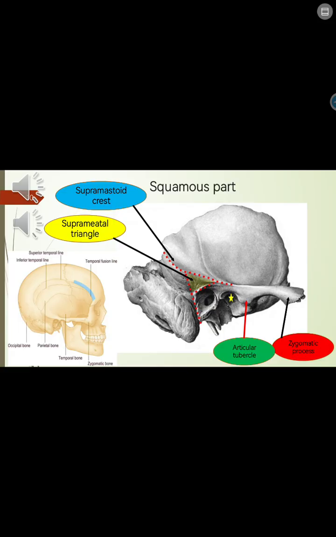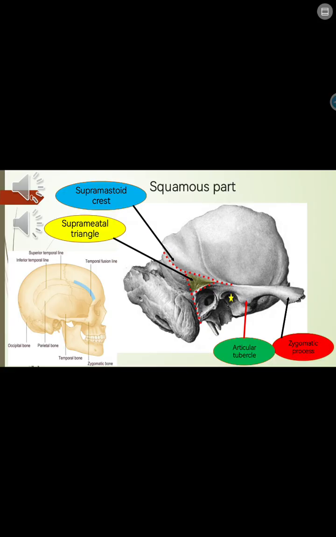Superior surface continues posteriorly along with supramastoid crest, and on the inferior surface we have an eminence or tubercle named articular tubercle because it is in an anterior situation from the temporomandibular joint.